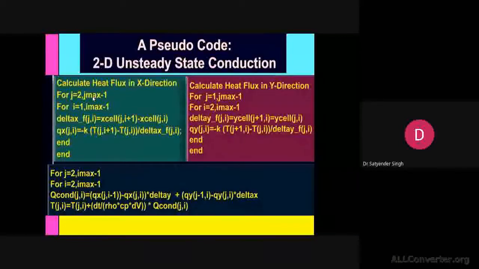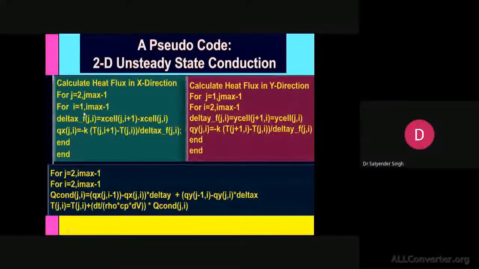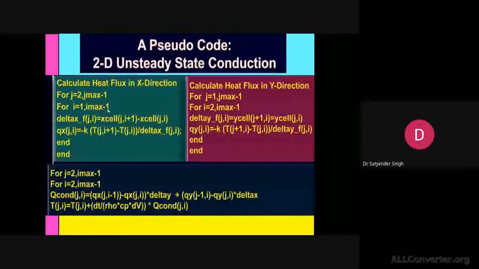So we have a pseudo code for a two-dimensional unsteady state conduction or diffusion problem. First step, we have to define the matrices in the code. For inner nodes, we have a matrix which is starting from 2 to jmax minus 1, or in the x direction, it is starting from 1 to imax minus 1.